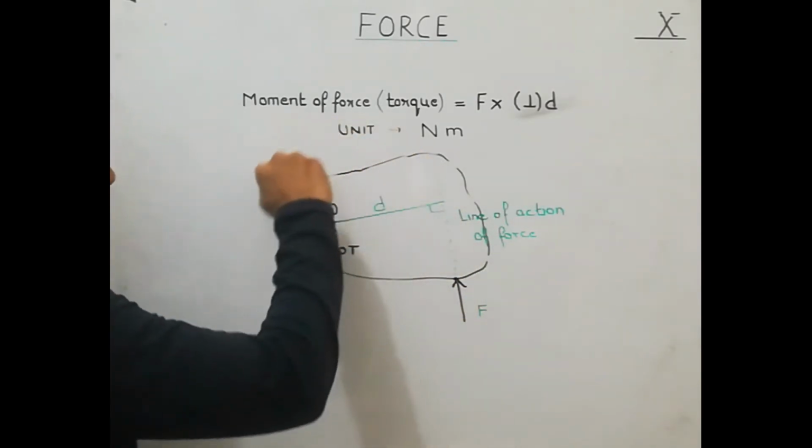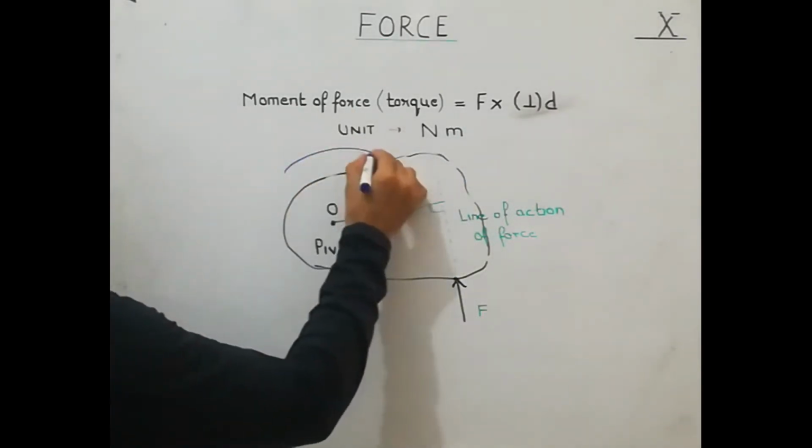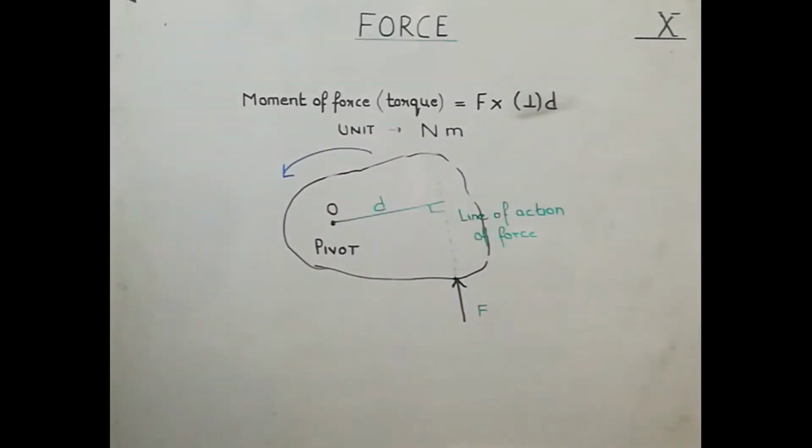So you can see that this force will rotate the body in this direction, like this. So this is anti-clockwise. That means moment of force can be anti-clockwise or clockwise.